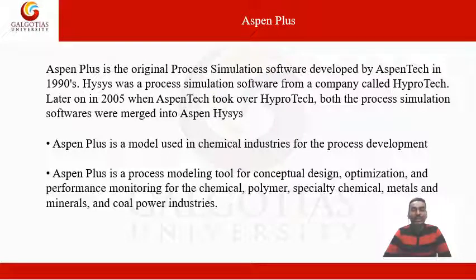One is conceptual design, that is business designing in the chemical industry. Second one is optimization. Third one is performance monitoring for the chemicals. How important it is in the chemical industry, right? Even a small 0.1 percentage leads to some other structure changes in the transformation. So performance monitoring, the result is very important. Next, polymer, specialty chemicals, metals and minerals, and coal power industry.